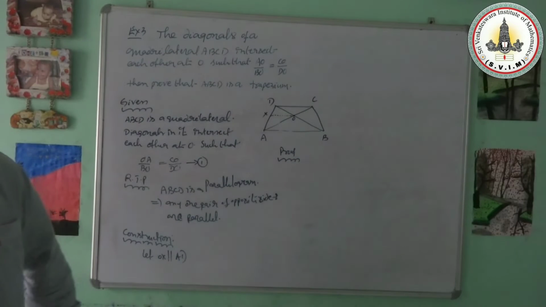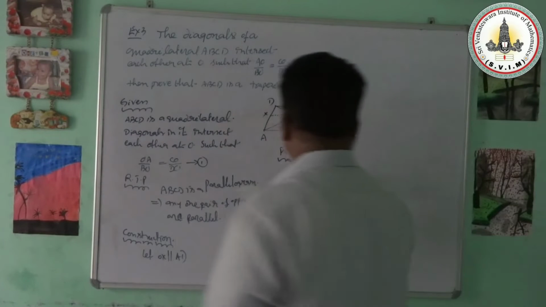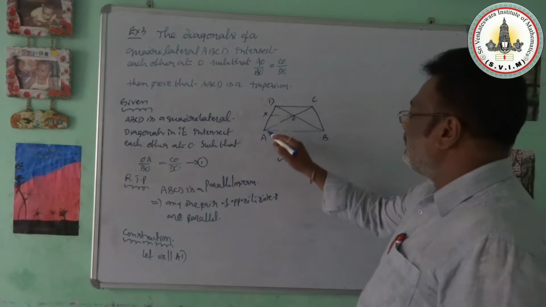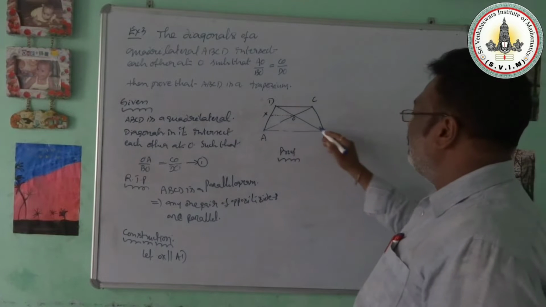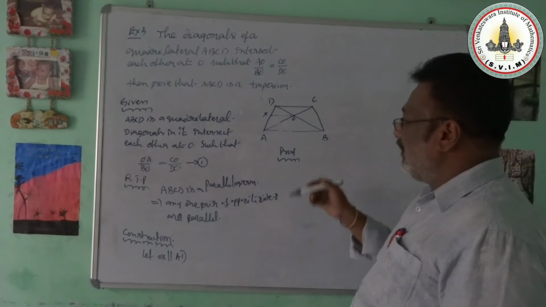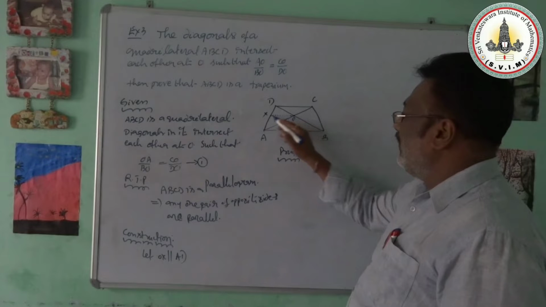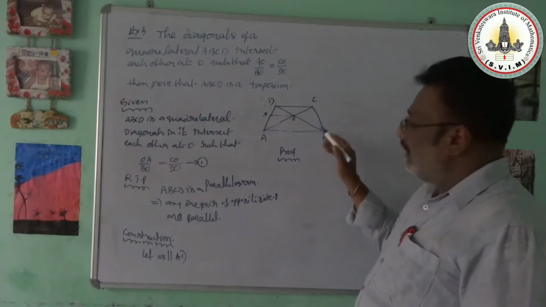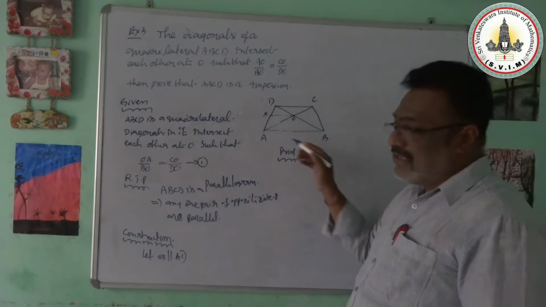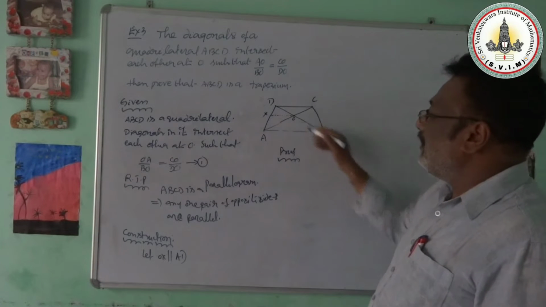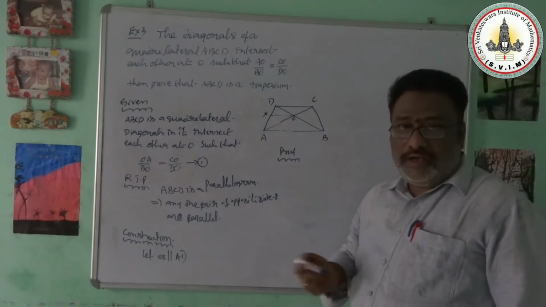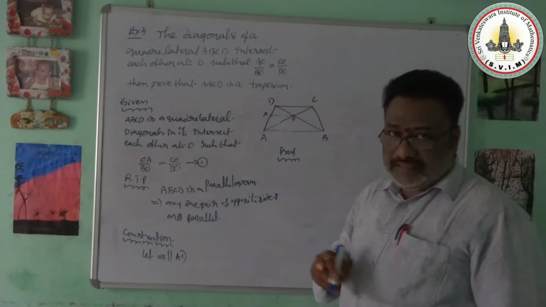Next, after that, proof. Now listen to me. Here we need to take this triangle. What is the triangle? Triangle DAB. In this triangle DAB, according to construction, this OX is parallel to AB. In a triangle, if a line segment is parallel to any one of the three sides of the triangle, it divides the remaining two sides in the same ratio according to the basic proportionality theorem.